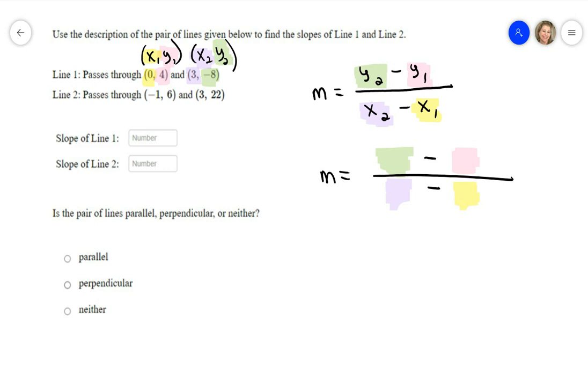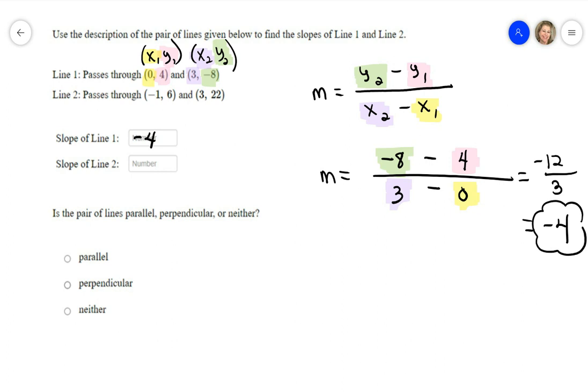So green was negative 8, pink was 4, purple was 3, and that was 0. All right, so negative 8 minus 4 is negative 12, and 3 minus 0 is 3, and negative 12 divided by 3 is a negative 4. So the slope of line 1 is negative 4. That's my first answer right there.